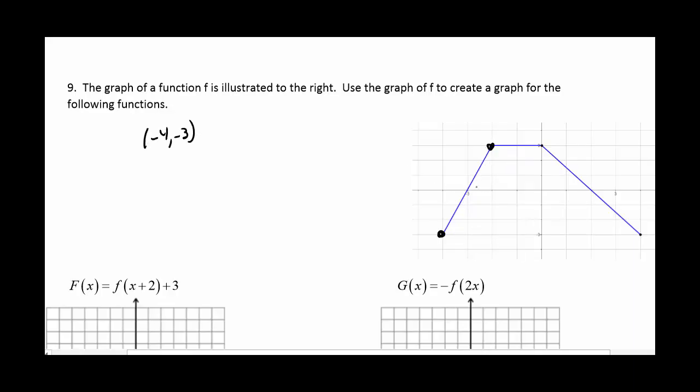Then that ordered pair looks like it's -2, 3. And then we have 0, 3 for that ordered pair. And then the last one would be 4, -3.